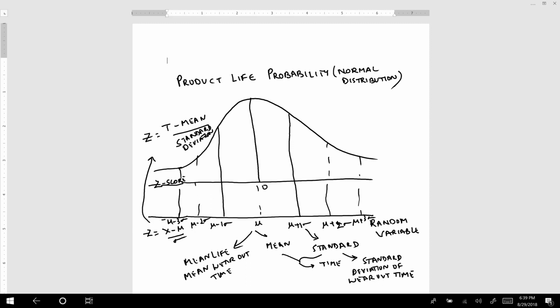So this value will be 0, this will be the z-score, 1, 2, 3, negative 1, negative 2, negative 3. Those are our z-scores. So that's how in statistics we draw a normal distribution curve. So we will try to solve a problem to understand this concept.